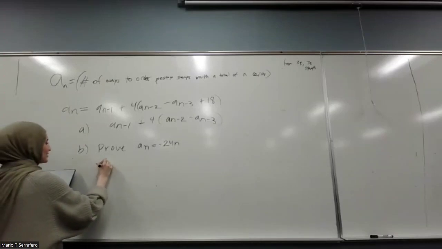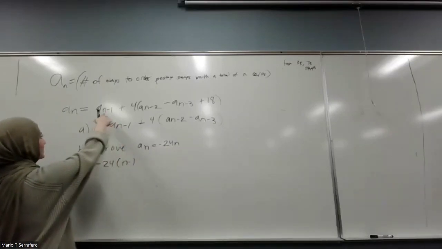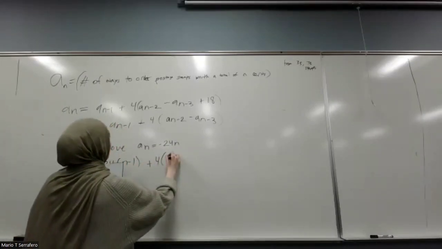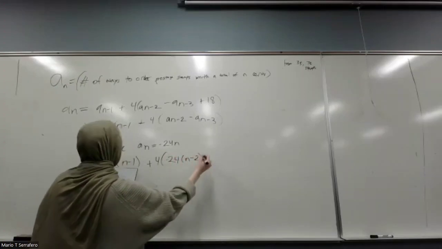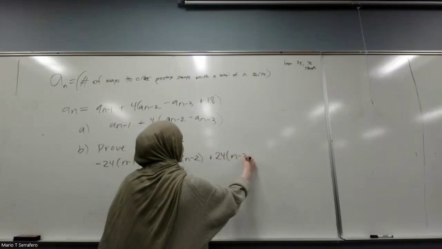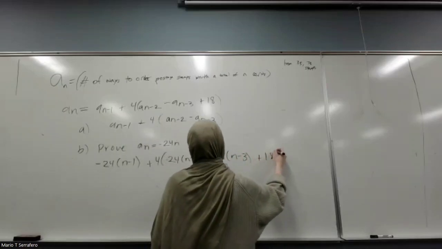So it's like minus 24 times n minus 1 for that part. And then plus 4 times minus 24 times n minus 2. And then plus 24 times n minus 3 for that one, and then 18.